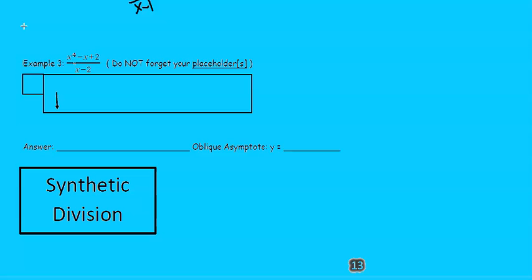Example 3, we have x to the 4th power minus x plus 2 all over x minus 2. So we're going to set the divisor equal to 0, add 2, x equals 2. So that's what's going to go in this box. Now, there are some things that we're leaving out here.